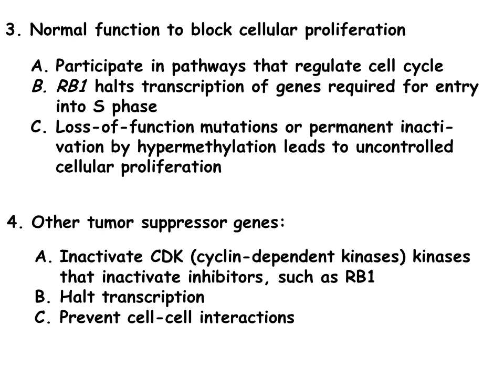Other tumor suppressor genes inactivate cyclin-dependent kinases, known as CDKs, again, that inactivate inhibitors. Okay. They again halt transcription, and sometimes they prevent cell-cell interactions. So again, you're activating something that, with the tumor suppressor gene, prevents the cell from going through the cell cycle.